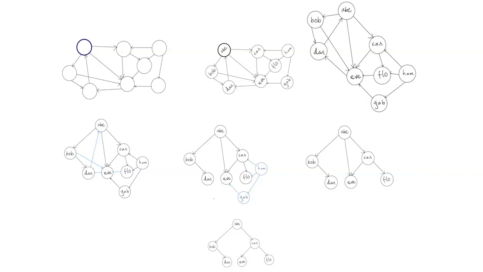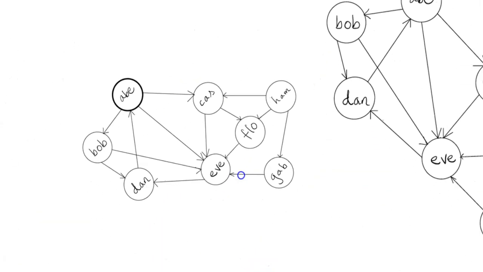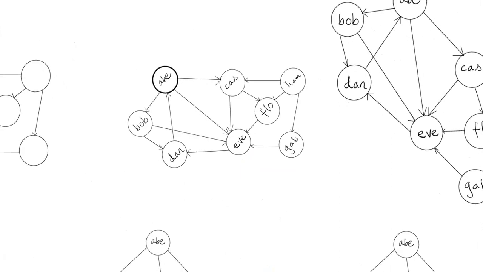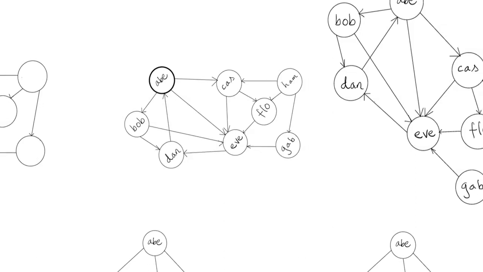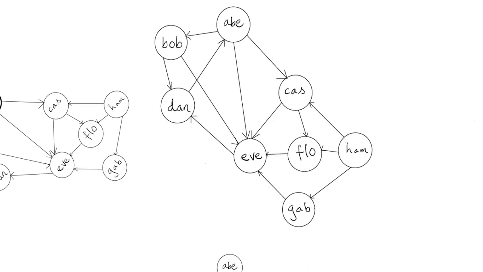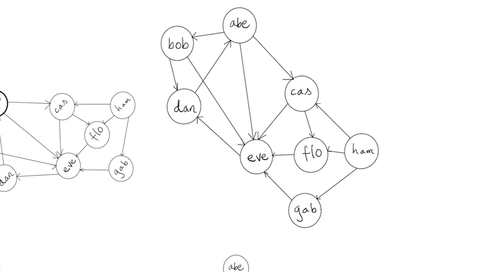First we will start by labeling all of the vertices, so we know which vertex we're talking about, and then we are going to turn the graph this way, because we want our start vertex to be at the top.